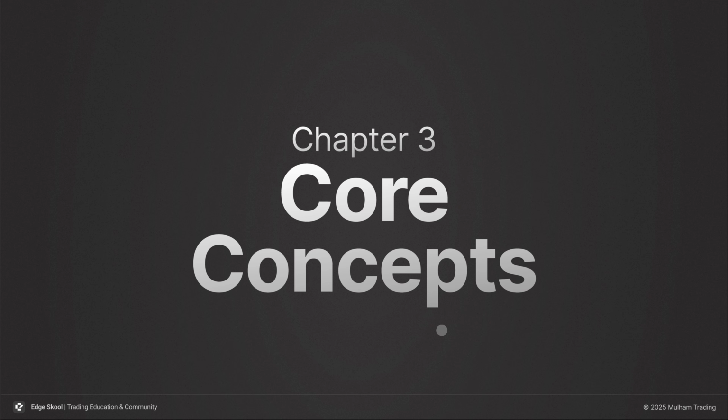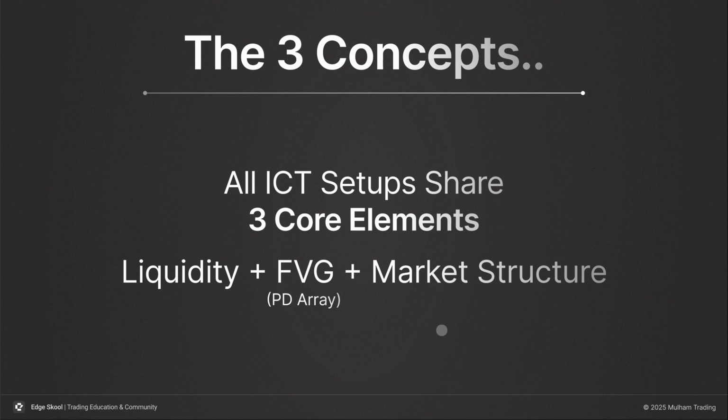Chapter 3, Core Concepts. Now, there are a lot of different ICT concepts, as I showed you earlier. However, there are 3 concepts that most of the setups that you see on YouTube share. A lot of the different ICT strategies seem different, however, they all share these 3 core elements: liquidity, fair value gap, which we can consider as a PD array, so I'm just picking fair value gap because it's the best among them, and then market structure.